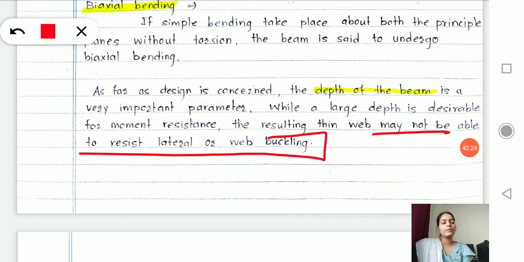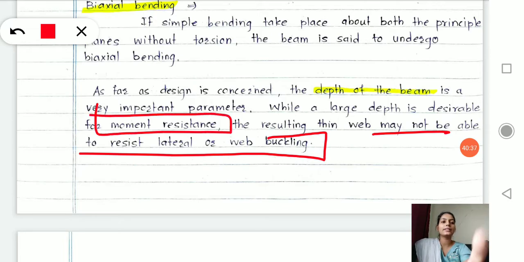What it means is, even if we increase the web height or depth of an I section beam, it will give a great moment of resistance, but at the same time it will be incapable of resisting lateral loading, or it may result in web buckling, as we have seen a long column buckles due to its slenderness ratio.